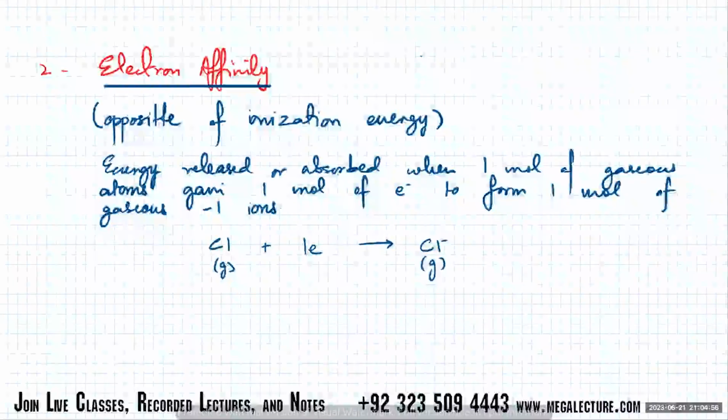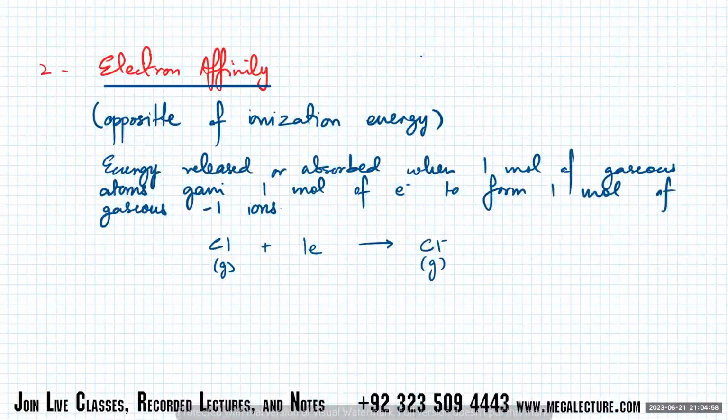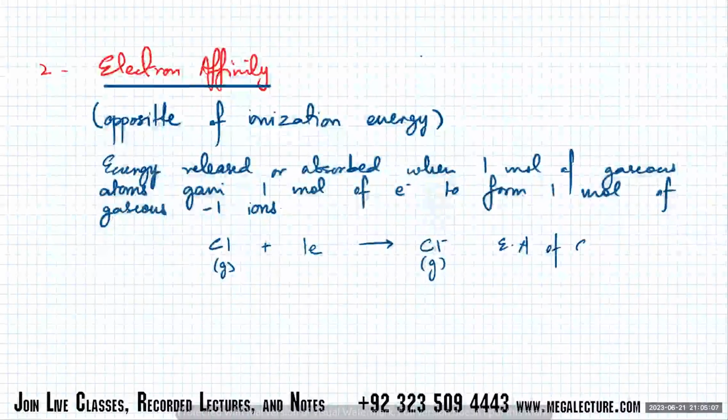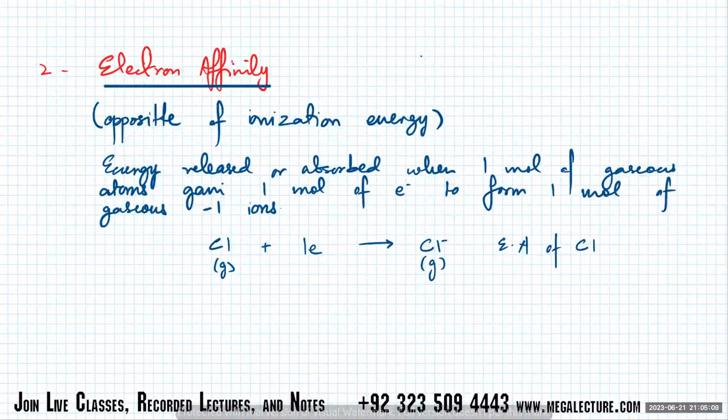This is known as the electron affinity of Cl. Or you can also write it as the first electron affinity of Cl.